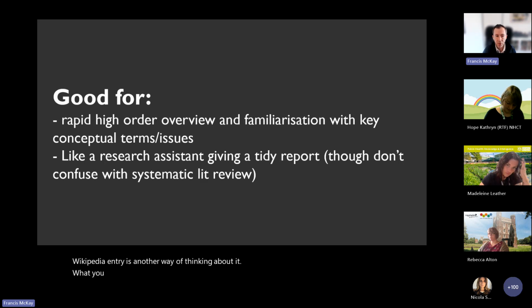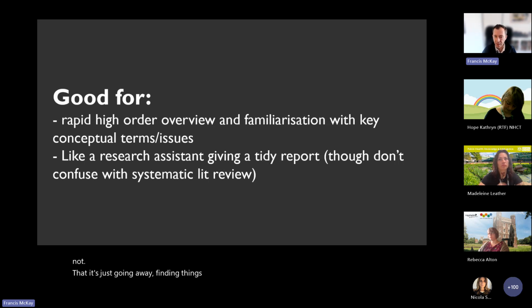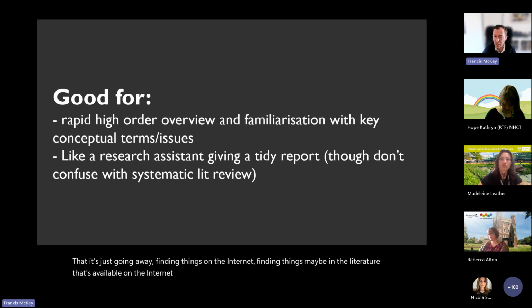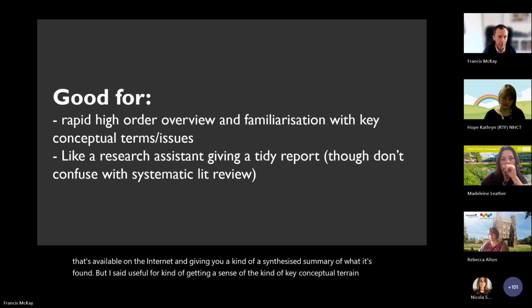What you don't want to do is confuse it with a systematic literature review because it's not doing that. It's just going away, finding things on the internet, finding things maybe in the literature that's available on the internet, and giving you a synthesized summary of what it's found. But I say useful for getting a sense of the key conceptual terrain, if you will.